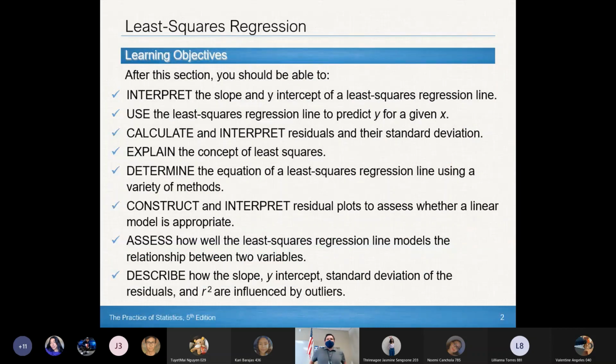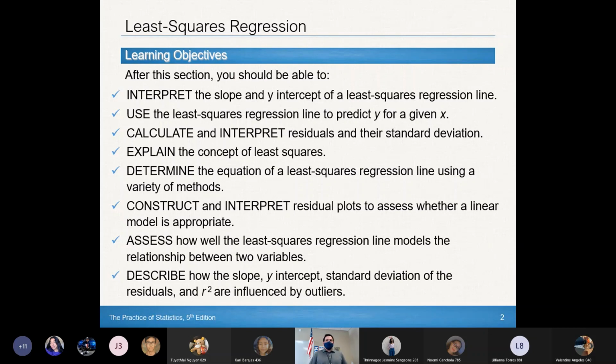So in this section, we're going to learn how to interpret the slope and y-intercept of a least squares regression line. Use the least squares regression line to predict y for a given x. Calculate and interpret residuals and their standard deviation. Explain the concept of least squares. Determine the equation of a least squares regression line using a variety of methods, mostly using our calculator.